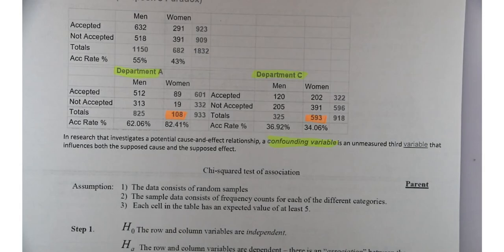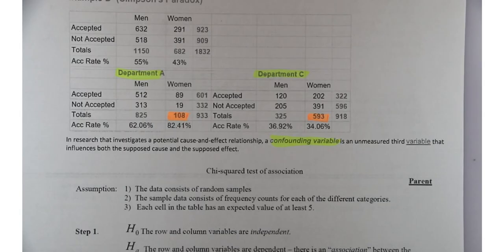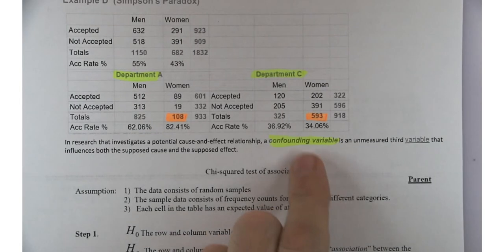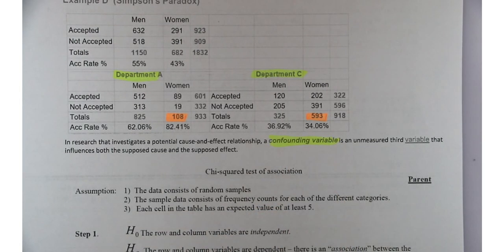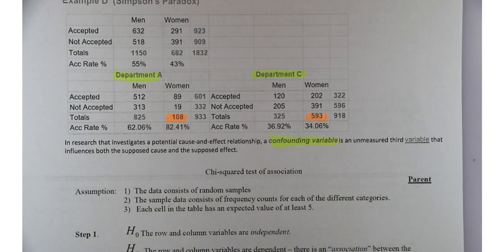So, yes, nicely done. So, beware of confounding variables. There are things that can muddle the relationship between a cause and effect. That's one of the things I asked you to know coming out of our lecture on proving causation.